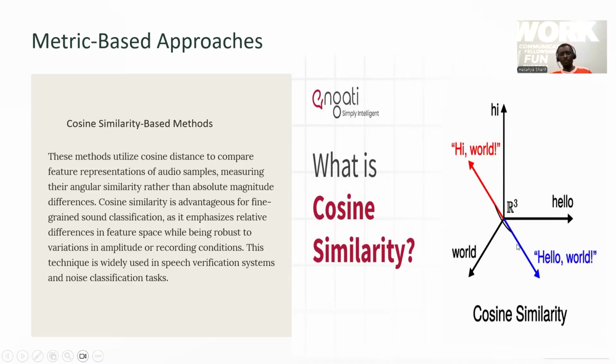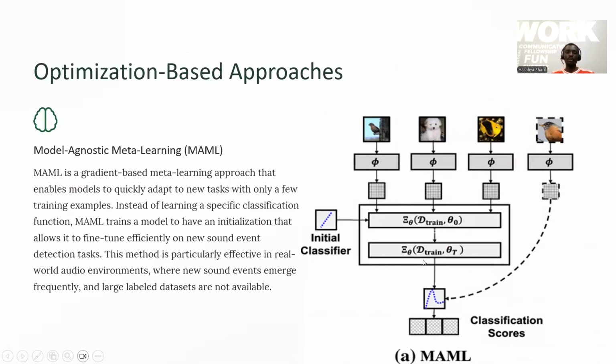In cosine similarity, we categorize the various sounds in terms of features, and we calculate the angle between them using the cosine rule. So if theta is more or less equal to 1, that means that the two sounds are similar. If it is closer to 0, then those sounds are different.